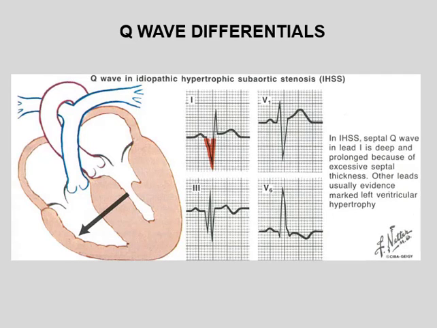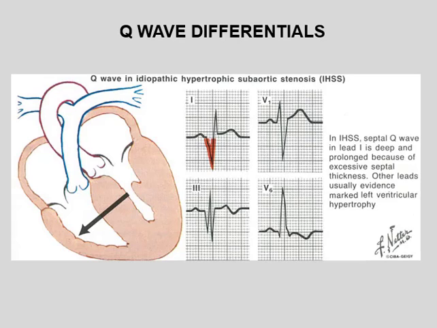In terms of differentials for a Q wave, there are only two. The Q wave can mean myocardial infarction, or idiopathic hypertrophic subaortic stenosis, shown diagrammatically here as a thickened left ventricle. And you can see with a thickened left ventricle, the mean vector direction across the septum is downwards and to the patient's right, causing a much bigger Q wave than an insignificant septal Q wave, such that in IHSS, the septal Q wave in lead 1 is deep and prolonged because of excessive septal thickness.